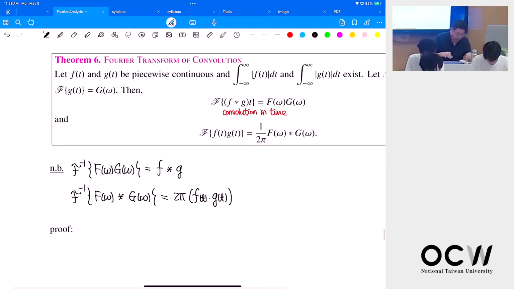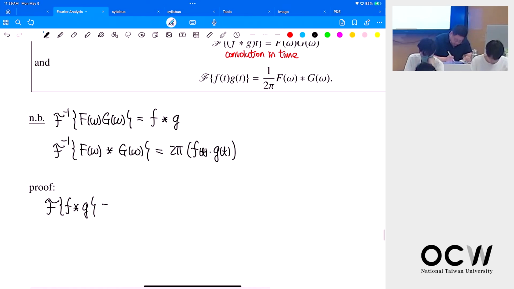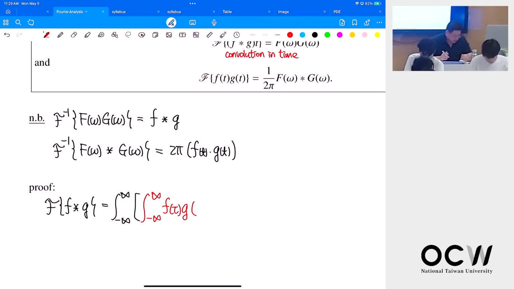Let's prove this. The proof is quite easy. It's just changing variables. Let's see how we prove that. The Fourier transform of f convolve g: by the definition, fix f and then flip g, first flip and then shift to the right.